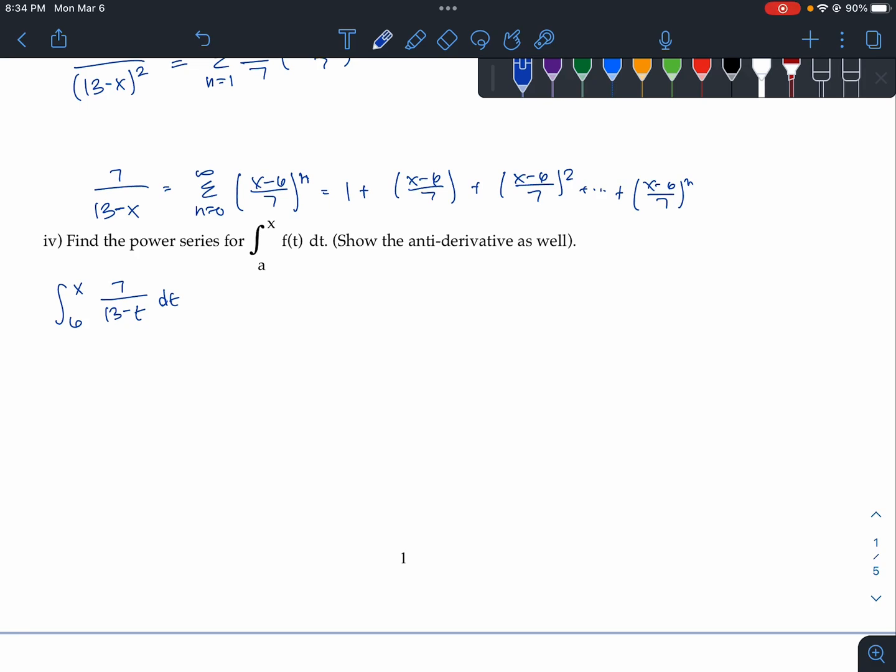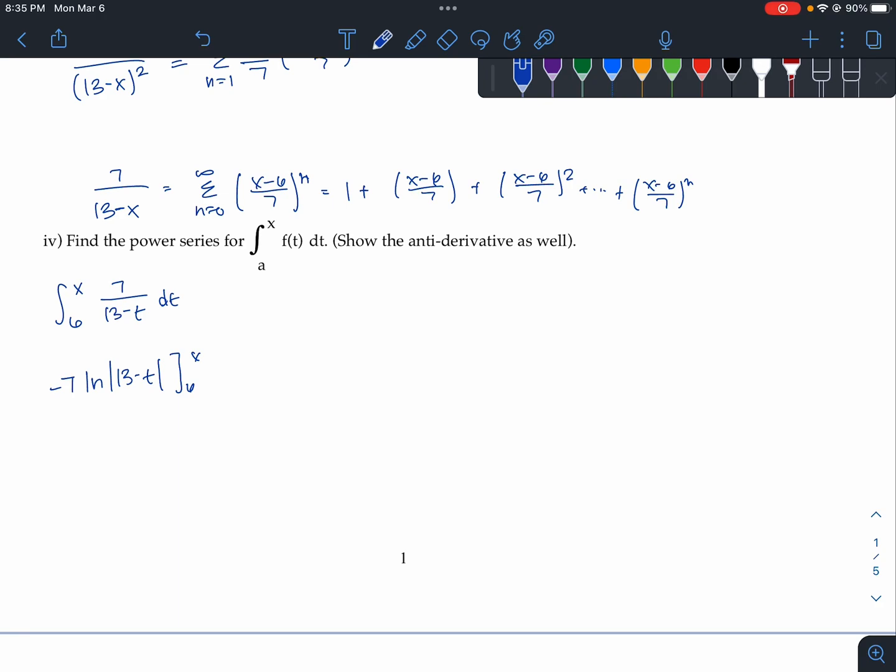Now we'll do the integral. So that's going to be 7 times the natural log of 13 minus t. And then I have to divide by the chain rule. I would have to divide by the derivative of the inside, so that would be -1. So that's going to be -7 right there. And then, of course, from 6 to x.